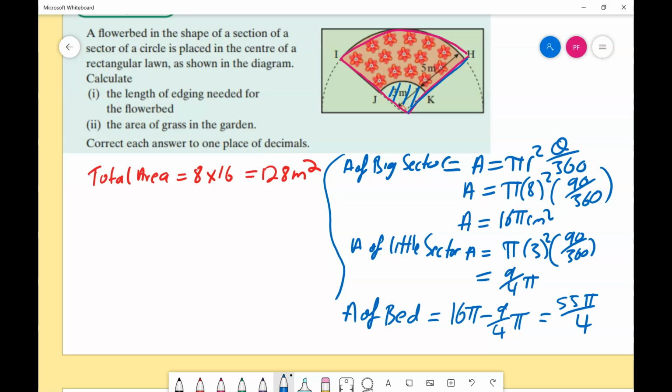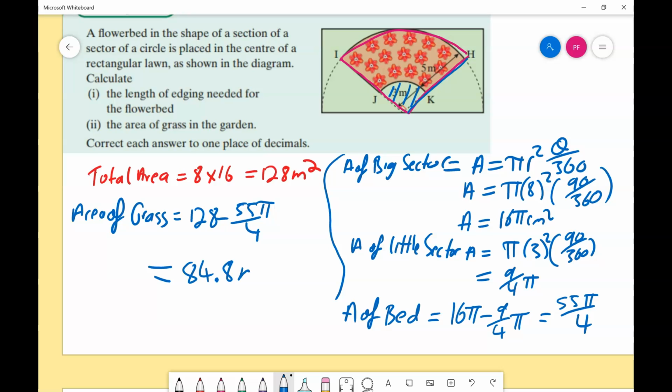So I'm just going to take that for my total area. So area of grass equals 128 minus 55 pi over 4. And that gives me a total of 84.8 meters squared.